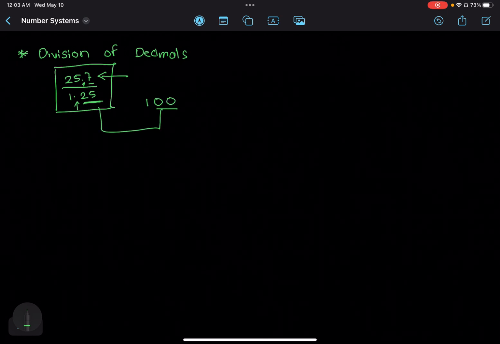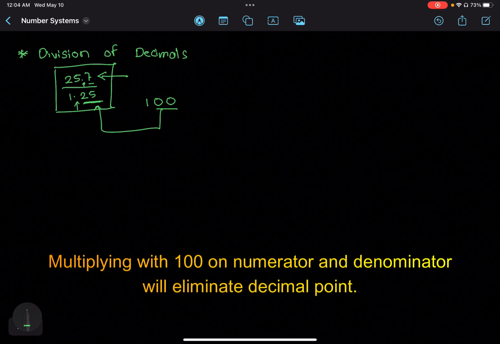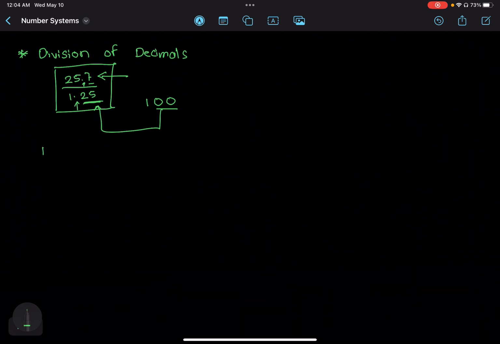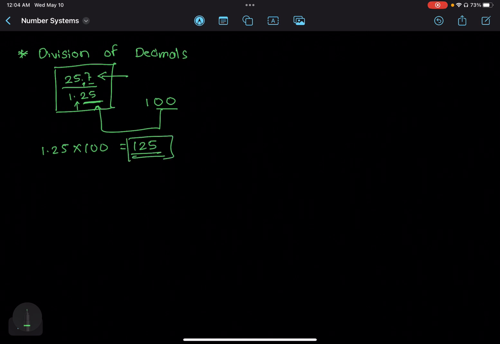Two zeros because the maximum is two numbers. Doing so, we can remove these decimal points. How? 1.25 multiplied by 100 is equal to 125. So this is what we are trying to achieve.